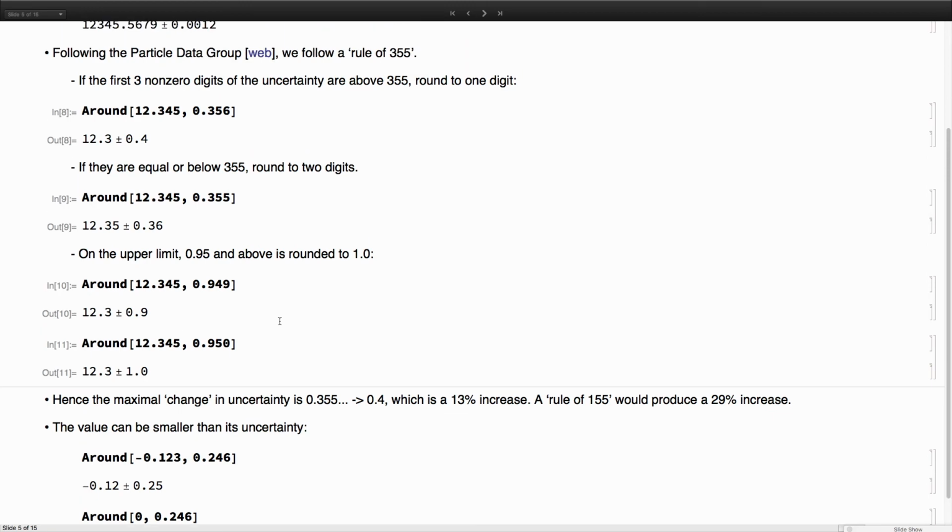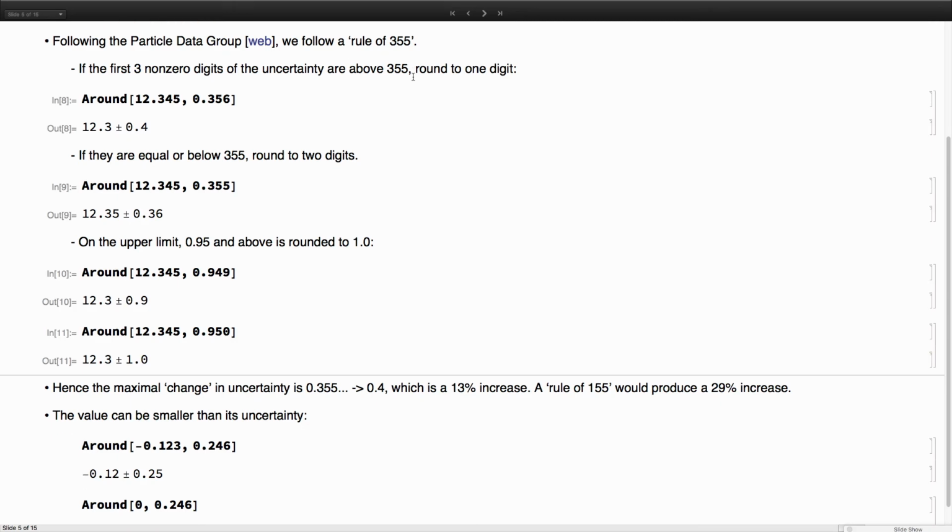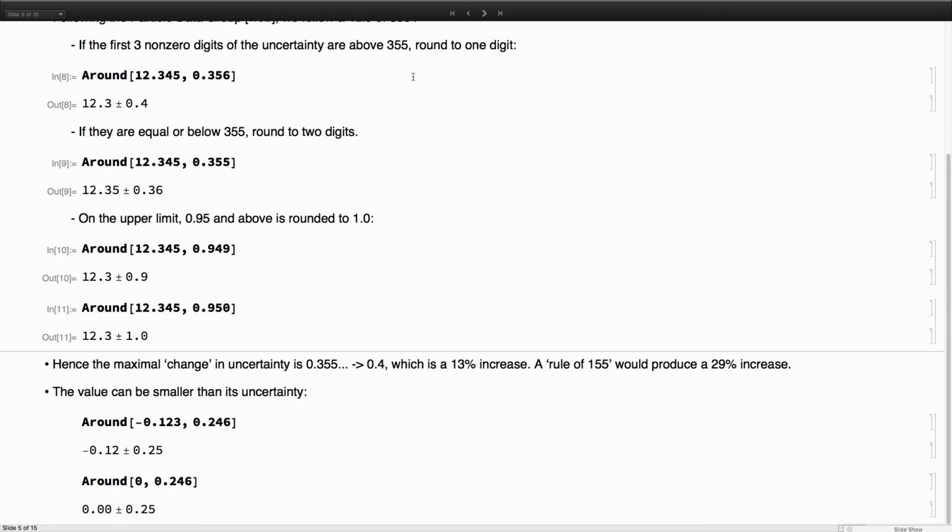Right. So at the moment, the 355 is hardwired, but it will be configurable in the future. The choice of this 355 is in order to not have too much of a change when we round the uncertainty. For example, going from 355 to 0.4 is a 13% increase.